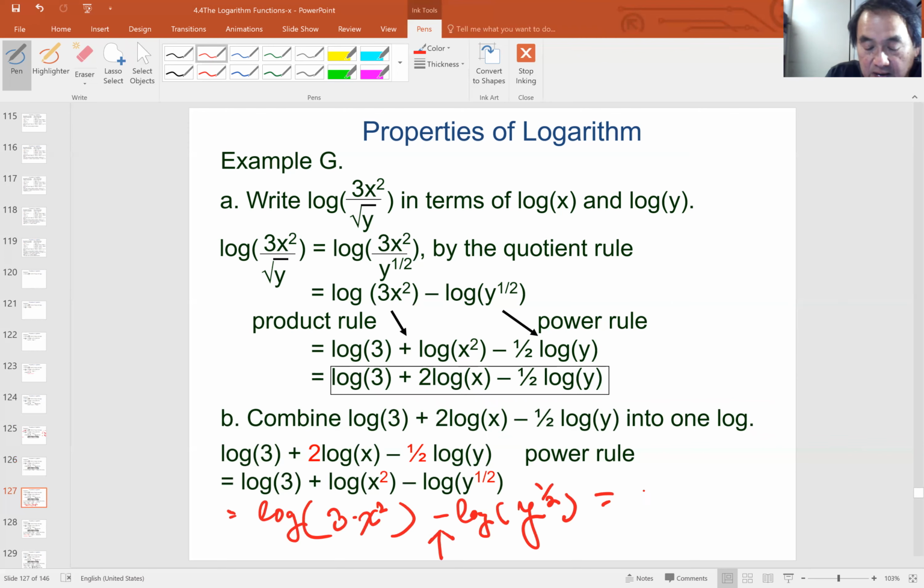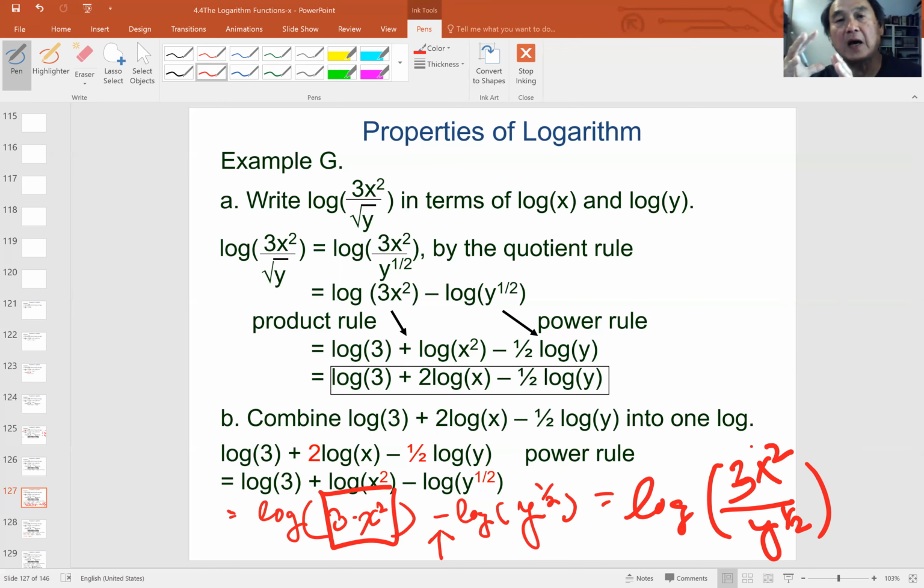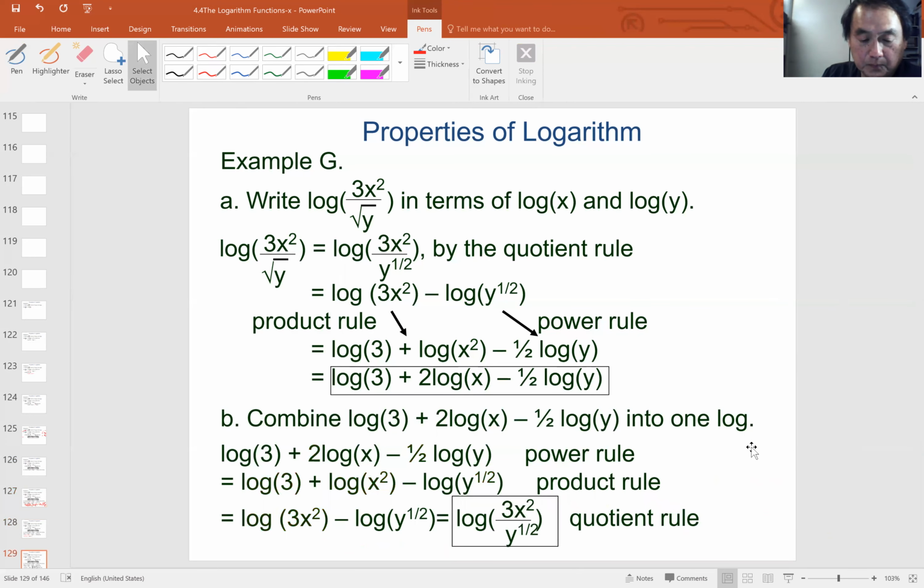But log of a subtraction is dividing, it's the same as the log of a quotient. The one in the front goes on top, and minus becomes divided by. And this becomes one compact fraction, and the log of this fraction is the subtraction. That's the quotient rule.